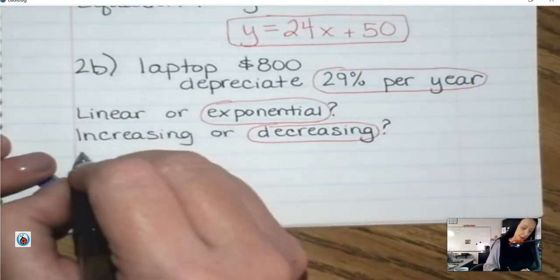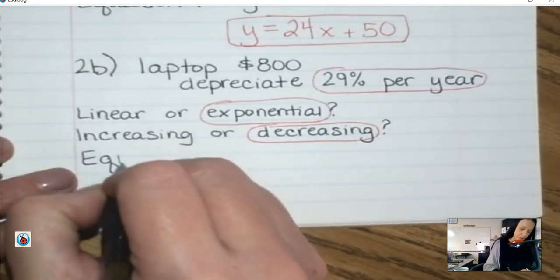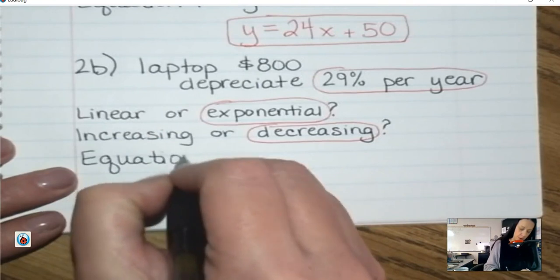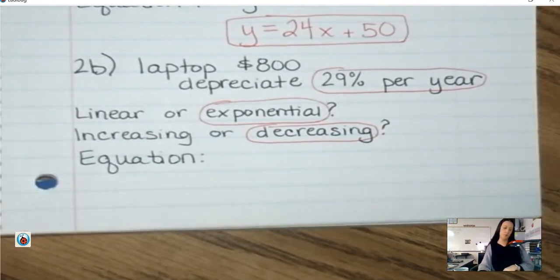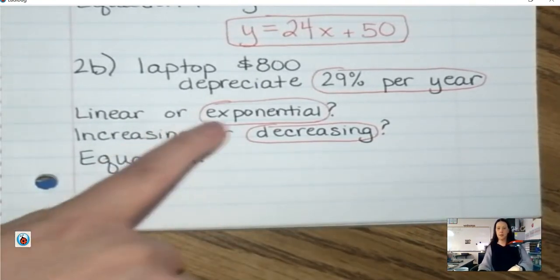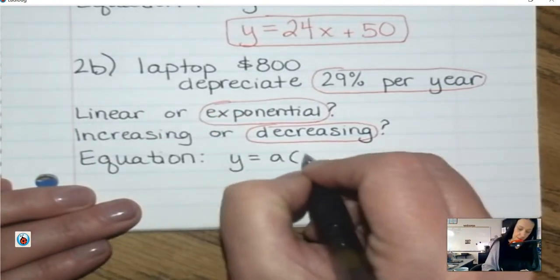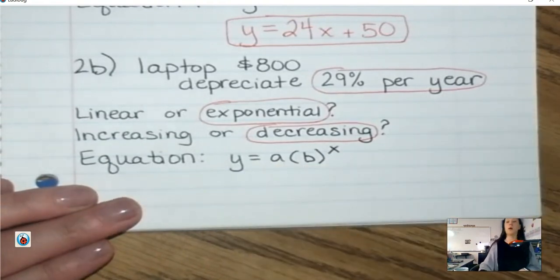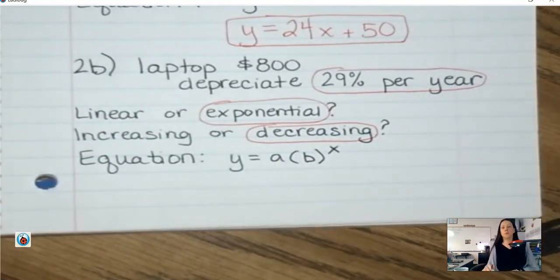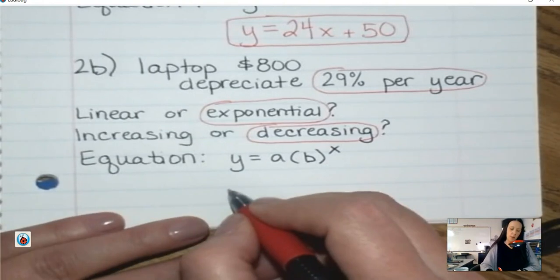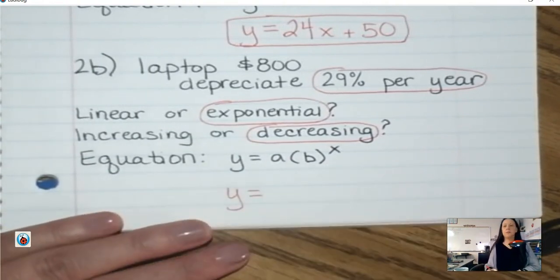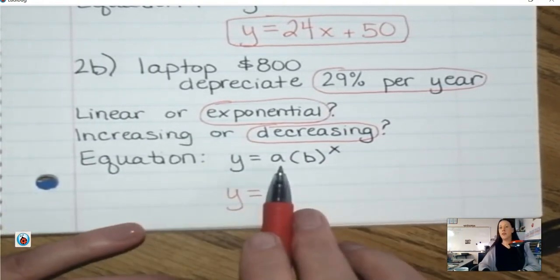Then I want to know the equation. And this is where I see a lot of people are struggling. For this exponential, the equation will look like y equals a times b to the x power. So when I write it, it's going to be y equals, a stands for the initial value.